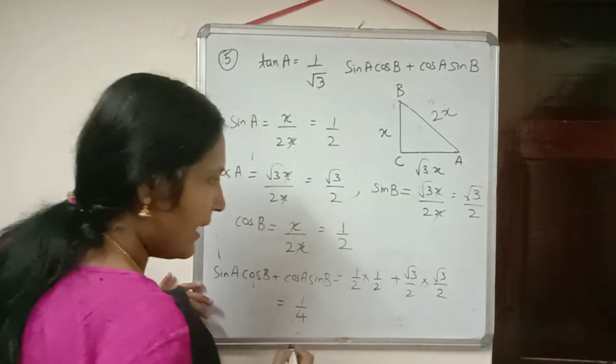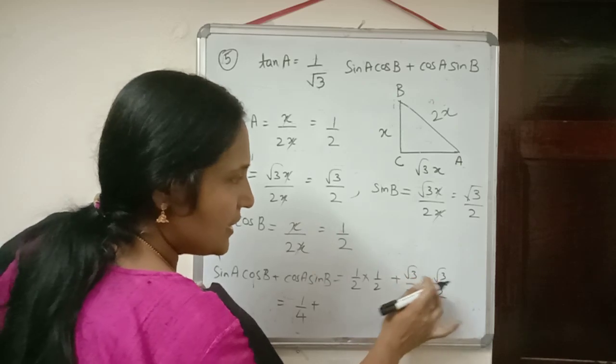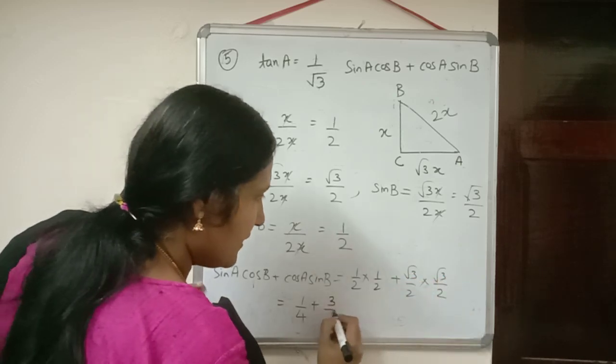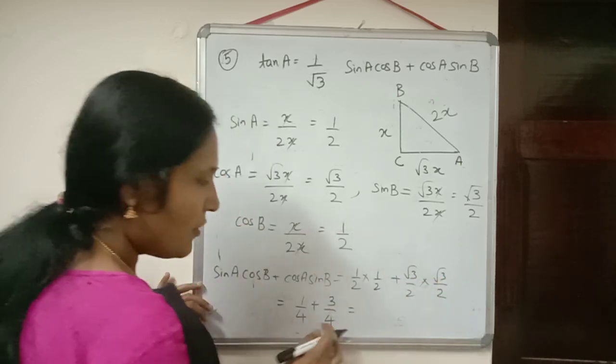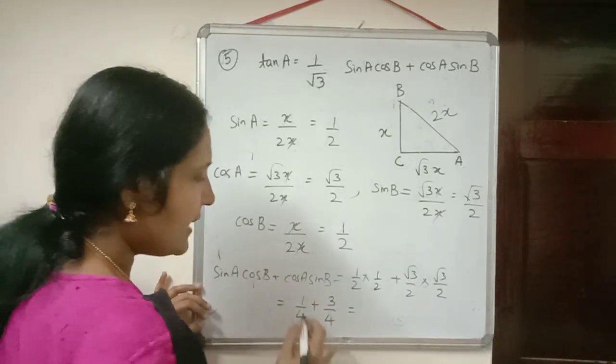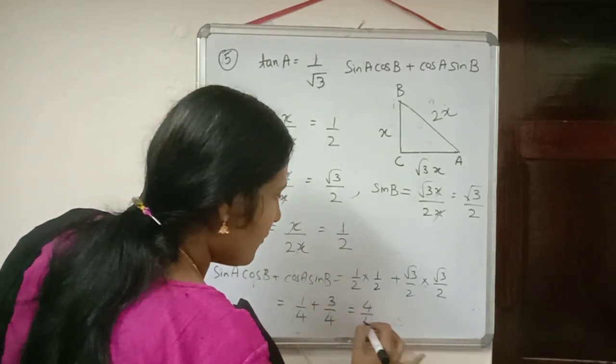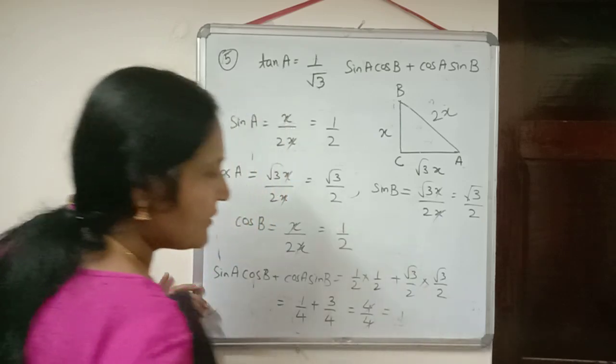Yes, correct. 1 by 4 plus root 3 into root 3 will be equal to 3. 2 into 2, 4. Denominators are same. So directly we can do the addition. 1 plus 3, 4. So 4 by 4 is equal to 1.